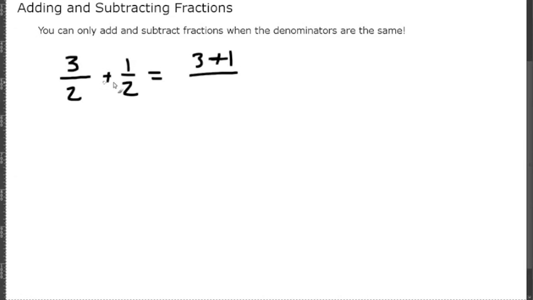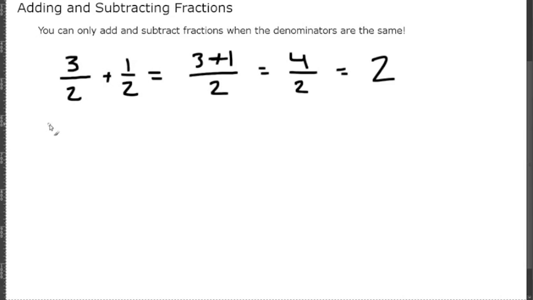Unlike how we multiplied and divided, when you would also multiply the denominators, in this, the denominator just stays the same. So you're going to have 3 plus 1 over 2, which is 4 halves, or, in other words, you can look at that as 2 when you simplify it down. So 2 whole pieces.